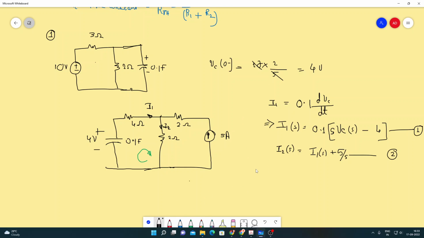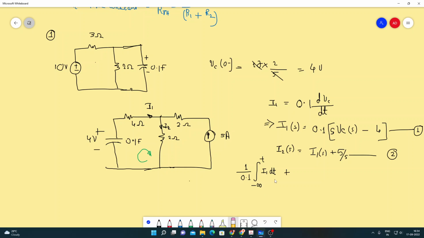So that is equals to 0.1 integral I1 dt, plus, still minus infinity to t.